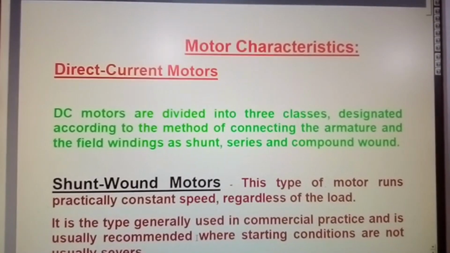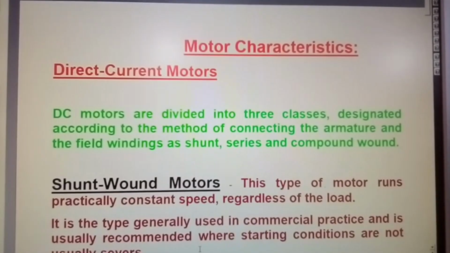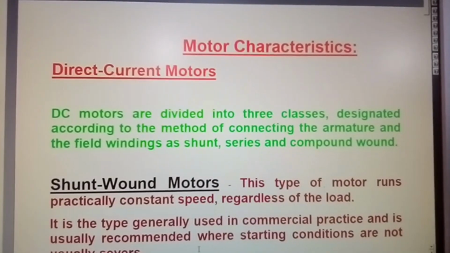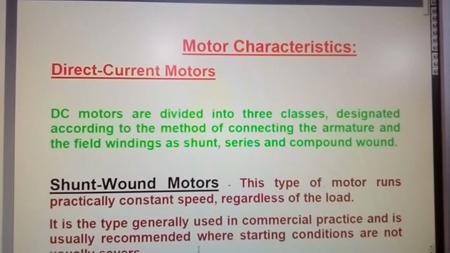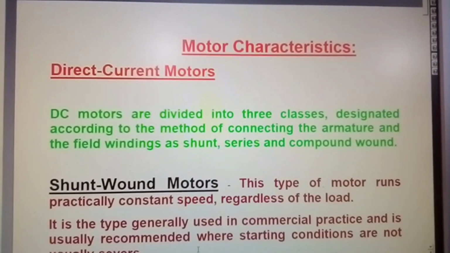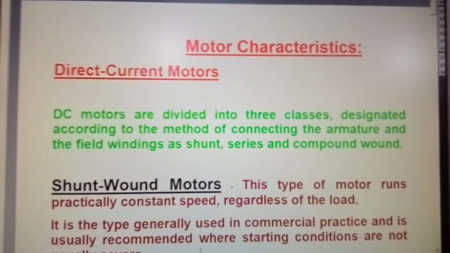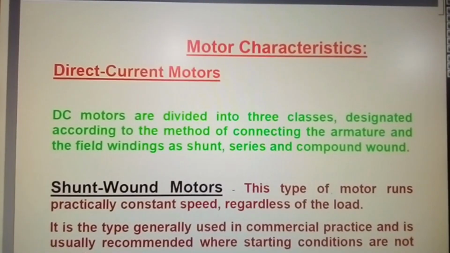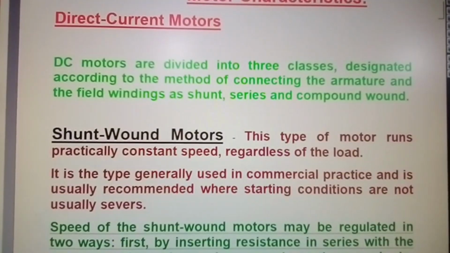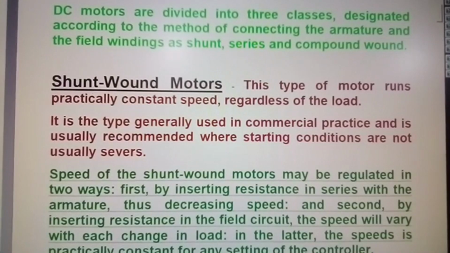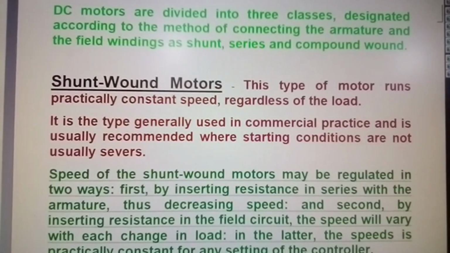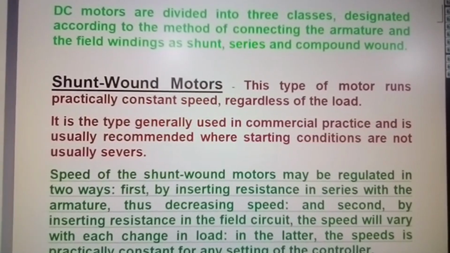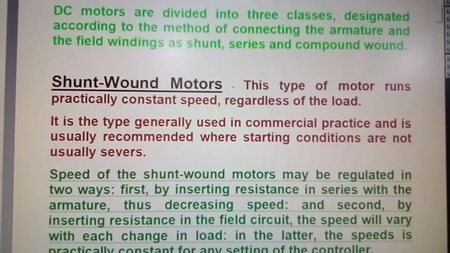So DC motors are divided into three classes, designated according to the method of connecting the armature and the field windings as shunt, series, and compound wound. Here we're going to tell you how the shunt wound motor runs at practically constant speed regardless of the load.